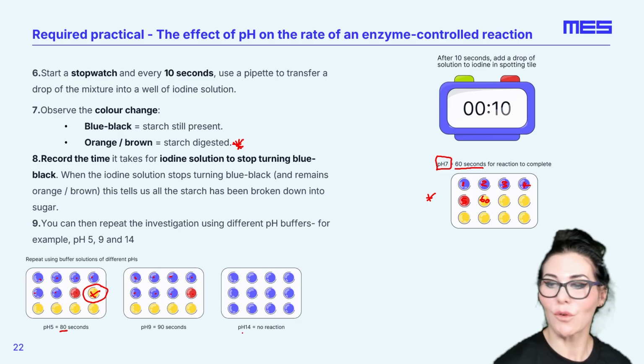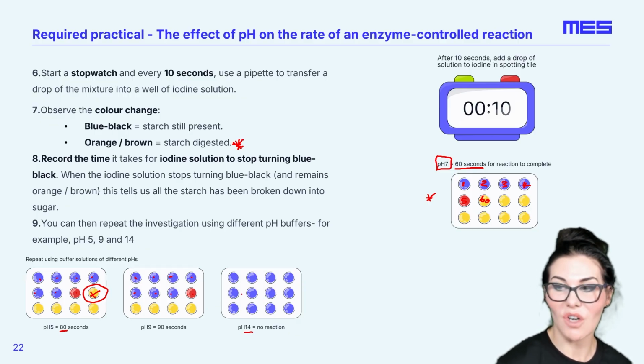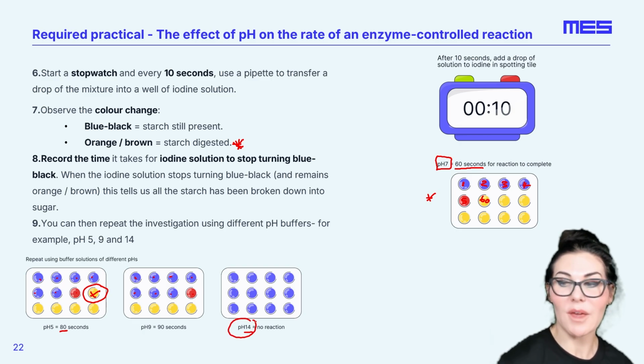And then at pH 14, nothing happened. The starch stayed as starch. There was no indication of any reaction because the iodine kept turning blue-black, telling us starch was present throughout. So pH 14 must have been a pH that denatured the enzyme when it was mixed with the enzyme at the beginning of the experiment.